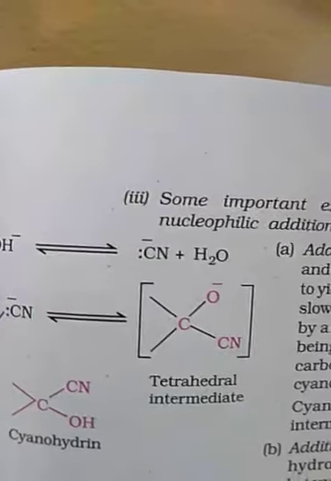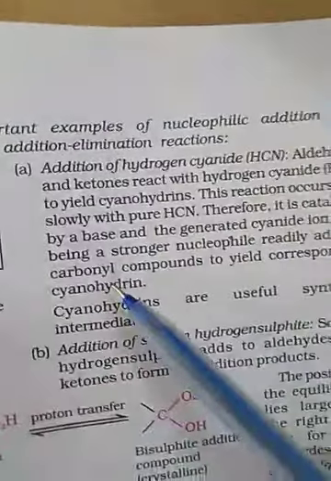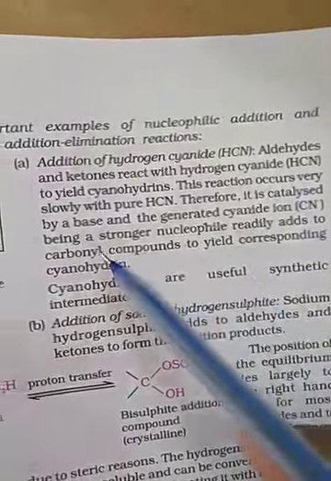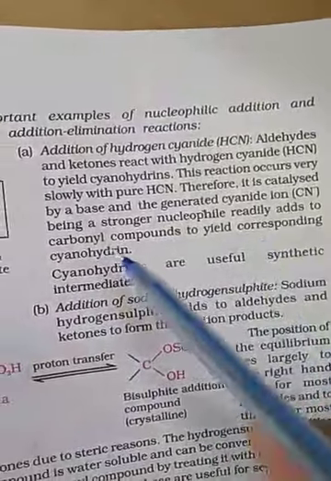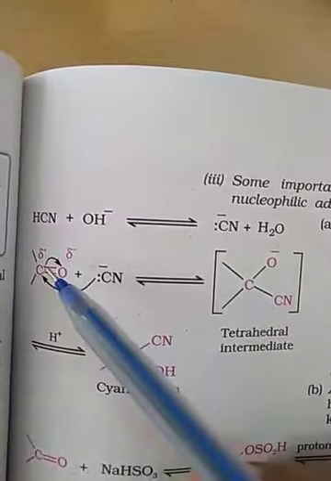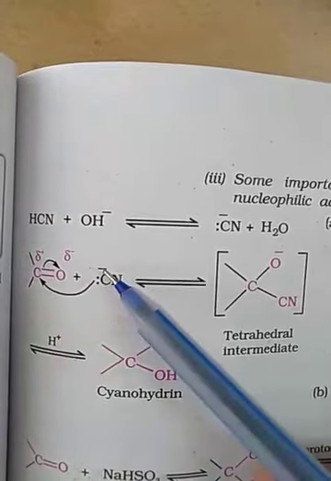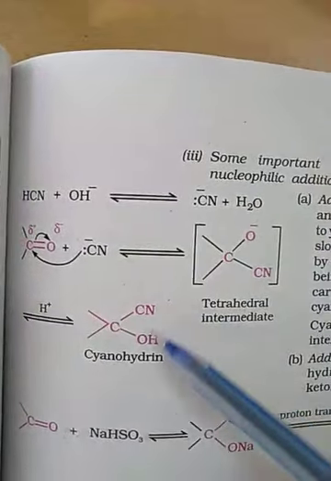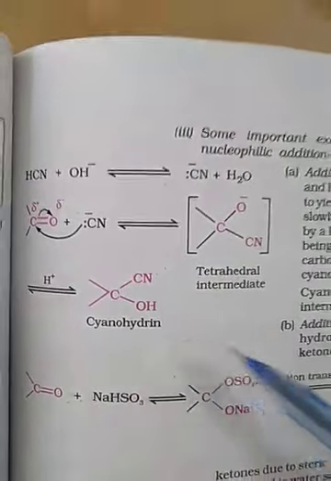Okay, so here you are getting cyanide ion. It is catalyzed by a base and generated cyanide ion, being a stronger nucleophile, readily adds to the carbonyl compound to yield the corresponding cyanohydrin. So here only breaking of this and addition of CN, and here OH. So you are getting CN and OH. This one is called the cyanohydrin.